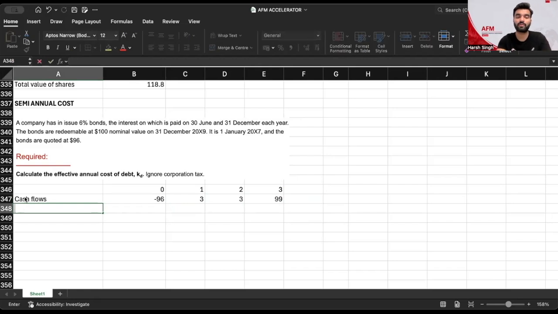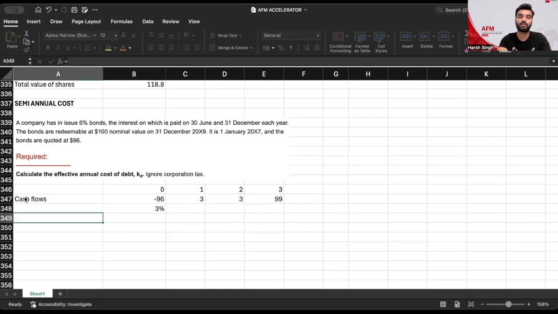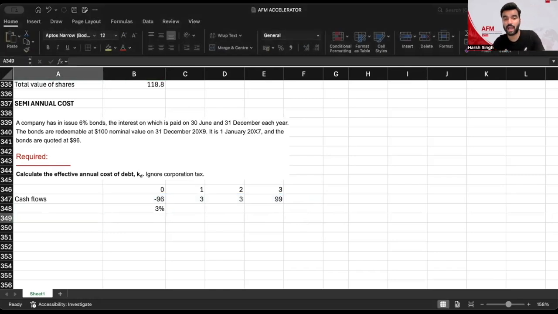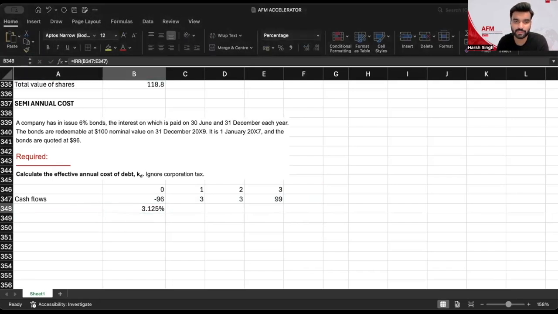Then what will be equal to IRR? IRR, open, take up all the values. So what is my IRR? It should not be 3%. It should be somewhere around 3.125. Now it is fine.